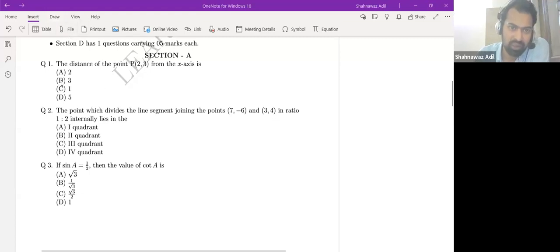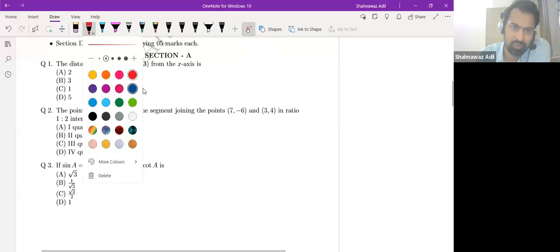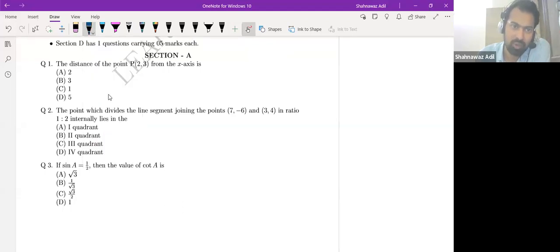Okay. So this was the first question, and most of you wrote the correct answer, right? Most of you wrote 3, which was correct. Because we have this point P, and let's say this is 1, 2, and this is 1, 2, and 3.